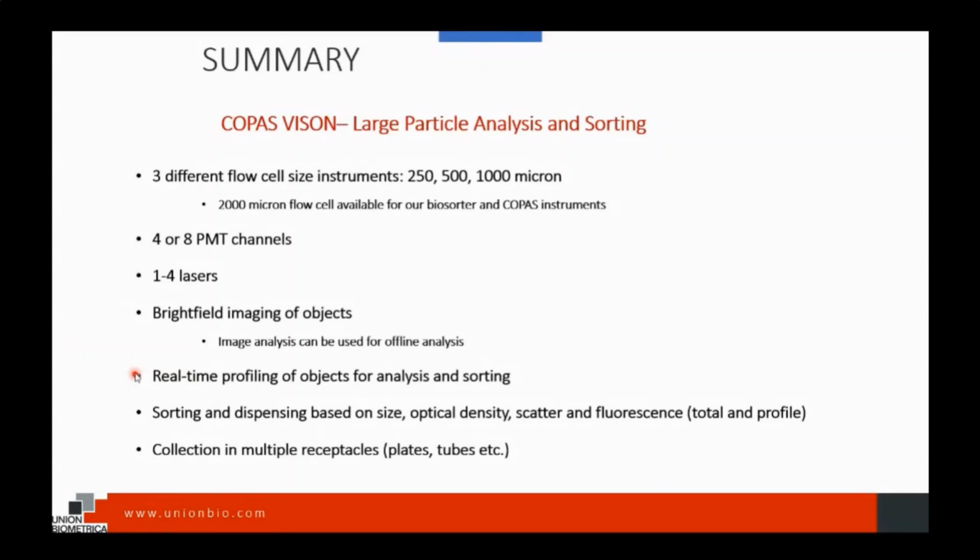Real-time profiling of objects for analysis and sorting is a key feature, and sorting and dispensing based upon size, optical density, scatter, and fluorescence, as with traditional flow cytometry, is what is done with our technology. And you can collect sample into multiple different types of receptacles. So that's the summary of the main features of our instrument.